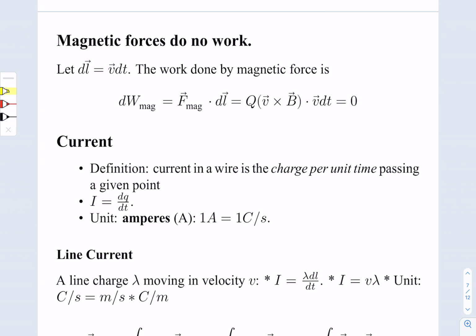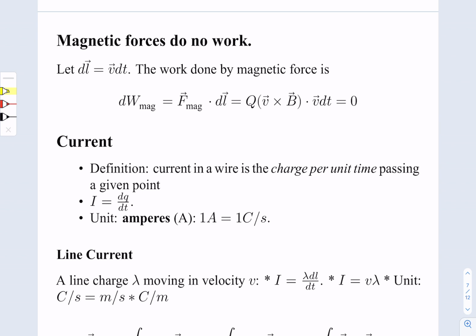Here, just to remind you, think that in an infinitesimal time, the particle moves in a different direction because of its velocity, so this dl equals v times dt.